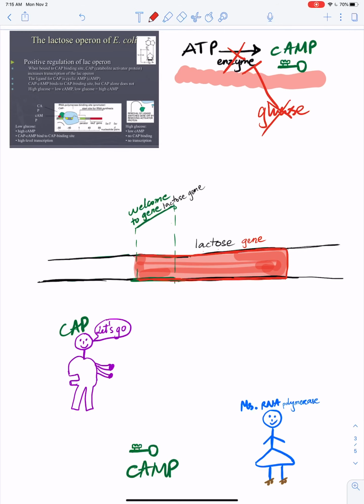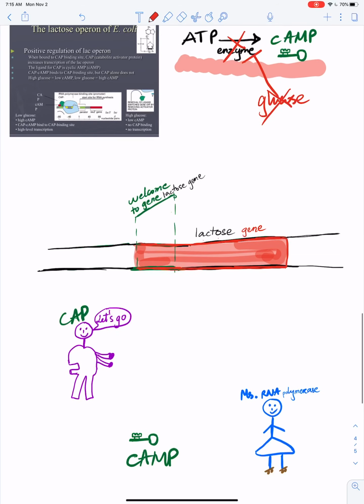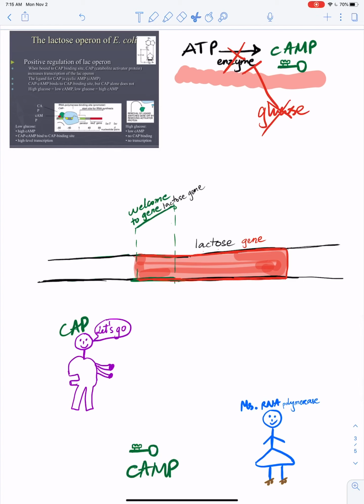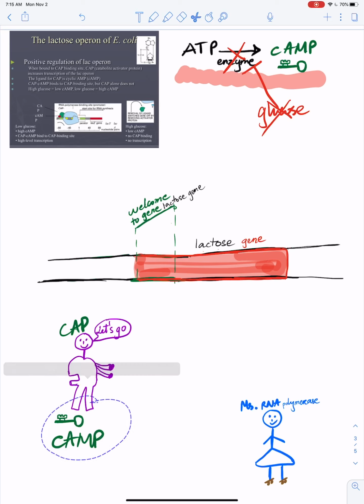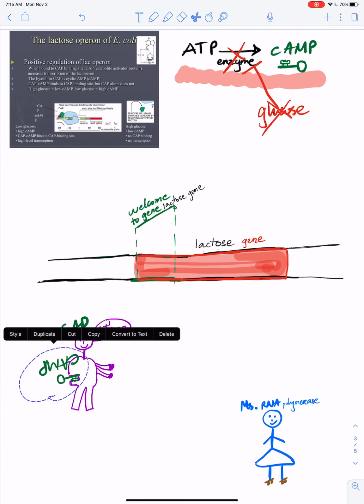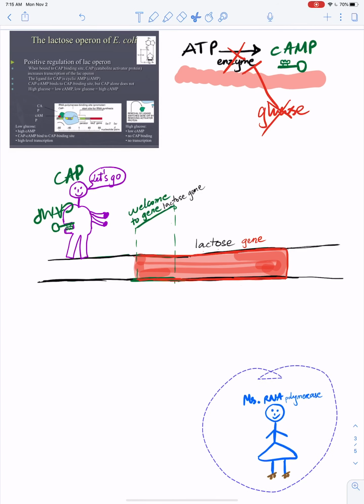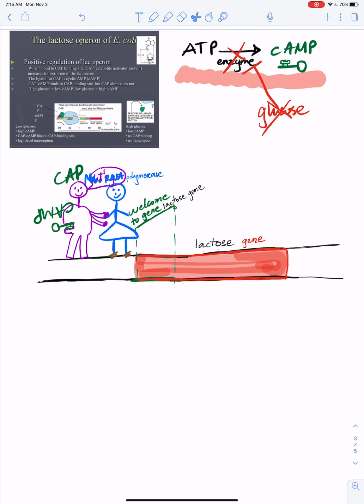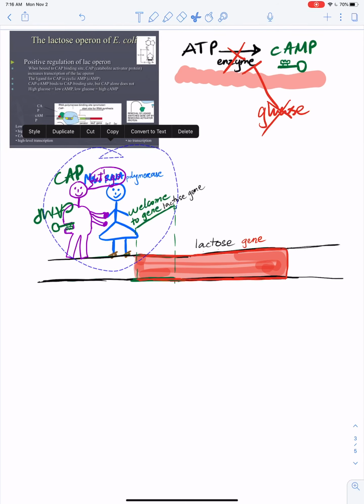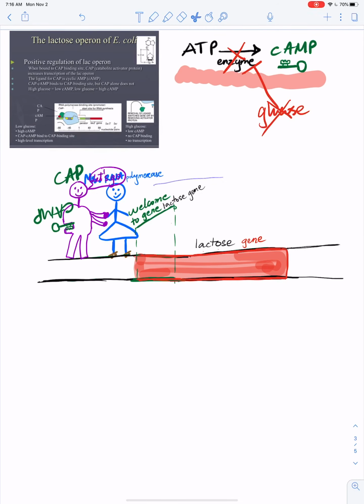That's when the cAMP can be made, and the cAMP ligand is going to bind to Mr. Activator, CAP, and he will do the job. It's like pushing and helping Miss RNA polymerase move faster and speed up the transcription that makes the lactose mRNA.